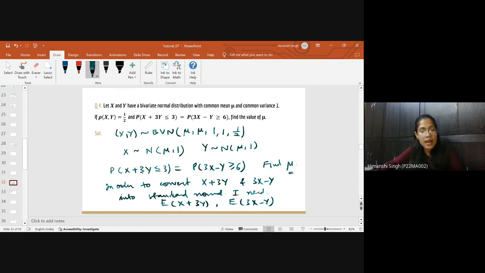So x plus 3y will be normal, and I will make it a standard normal random variable. In order to standardize, I subtract its mean and divide by the standard deviation. So I need to find the mean of x plus 3y, the mean of 3x minus y, and their variances.